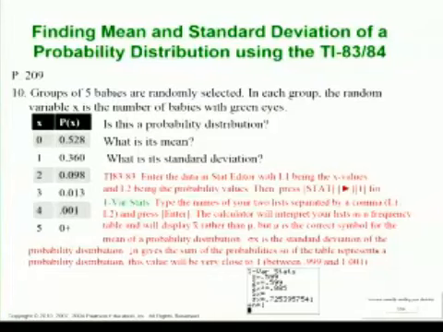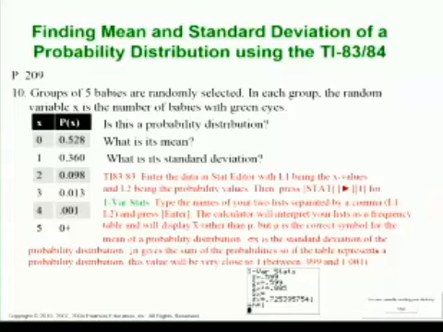So without using those horrendous formulas, I'm going to show you how to find the mean of that probability distribution and the standard deviation of that probability distribution. This mean would tell you how many green-eyed babies to expect if you grabbed 5.